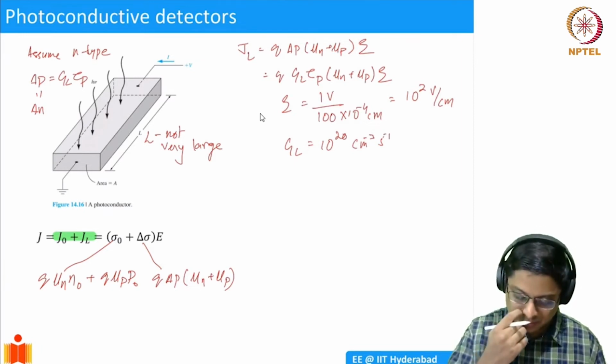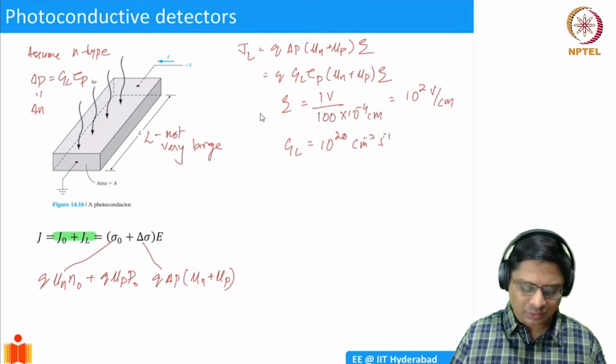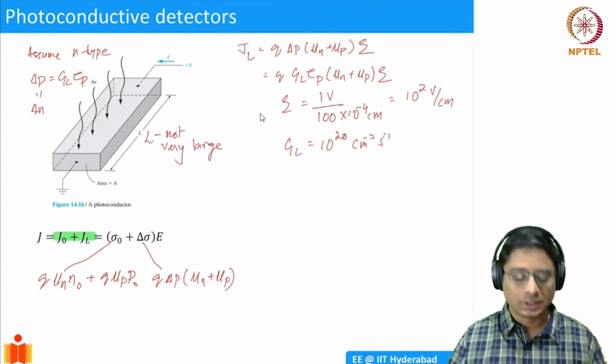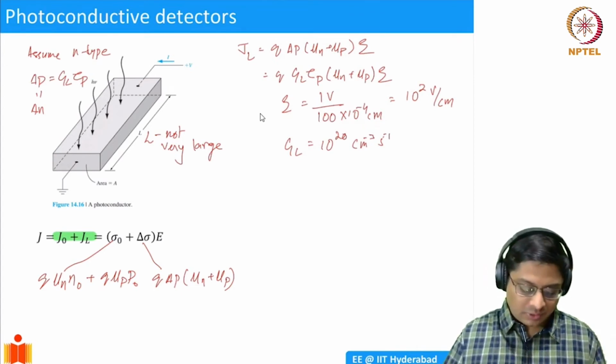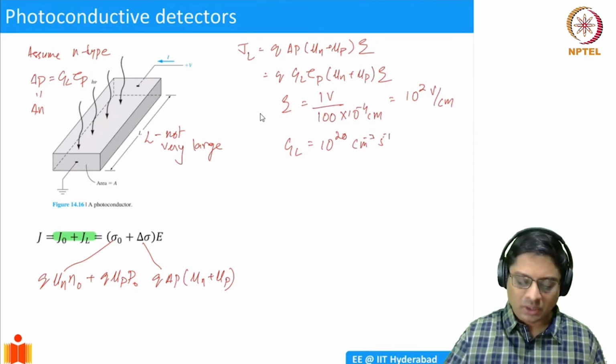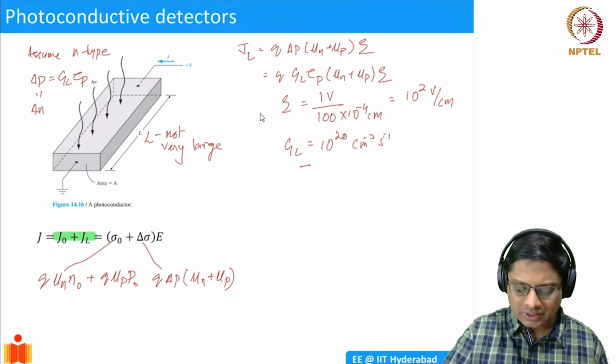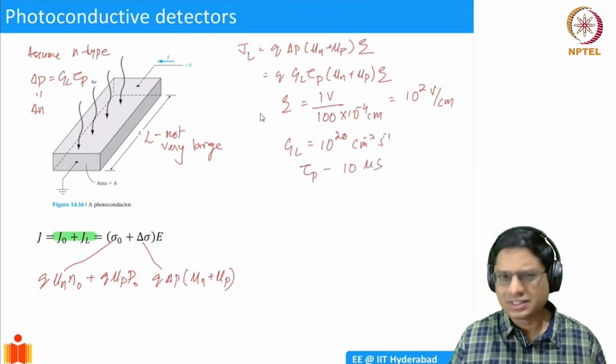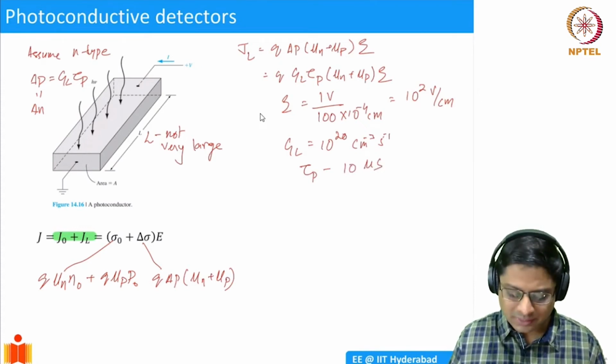The number of minority carriers that are produced is going to be G times tau. Tau p will be typically, in silicon, about 10 microseconds maybe. That's a typical number for indirect band gap semiconductors.